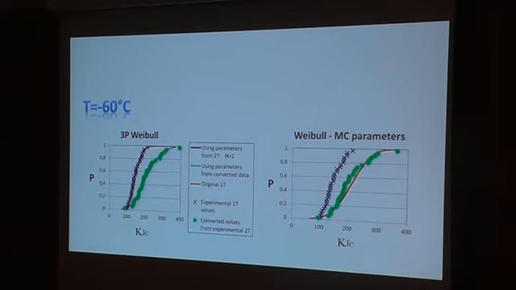And in the case of the master curve, the experimental 1T size differs from the probability function used by the master curve.